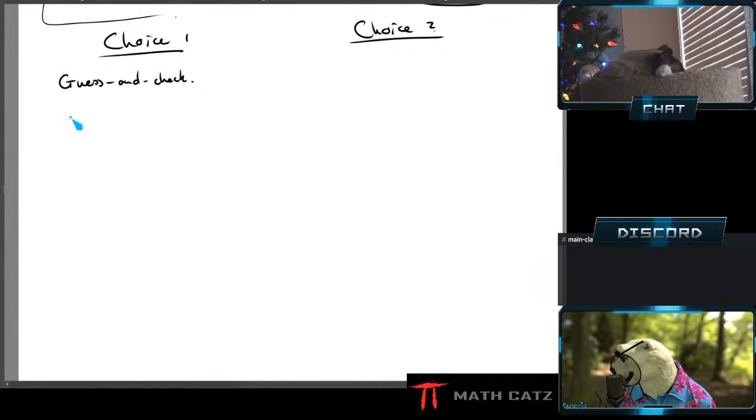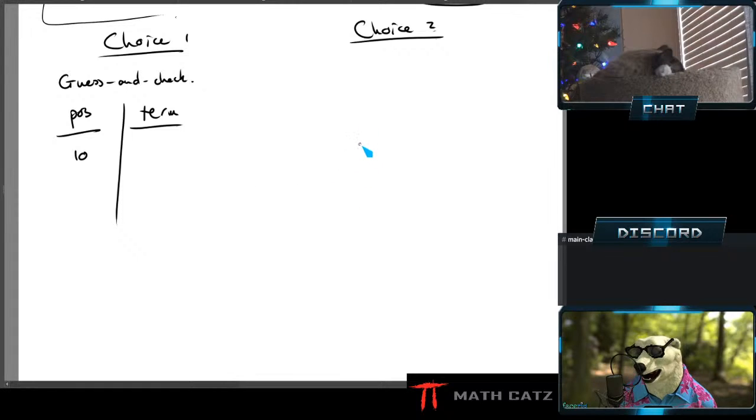So here's my guesses. My position and the term in that position. My first guess, position 10. I'm not trying to look for a pattern here. I'm just making a table for convenience. Now, how do I calculate that? It's 5 times 5 to the power of the position minus 1.